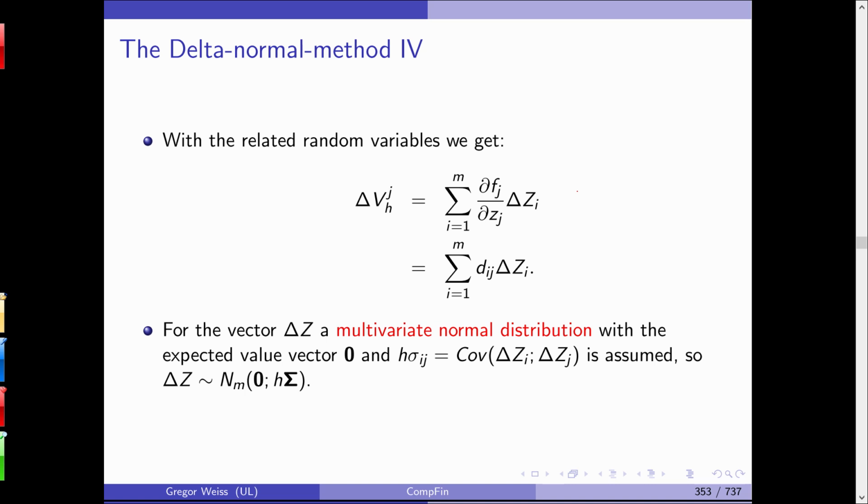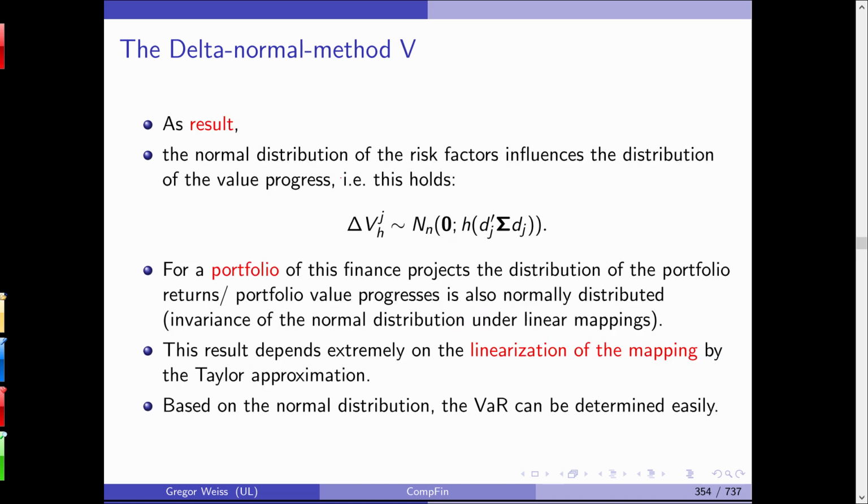And if the changes in the risk factors are distributed according to a multivariate normal distribution, we actually get a normal distribution for the changes in the values as well. So the normal distribution of the risk factors transgresses into a normal distribution for the changes in the values, in the prices.